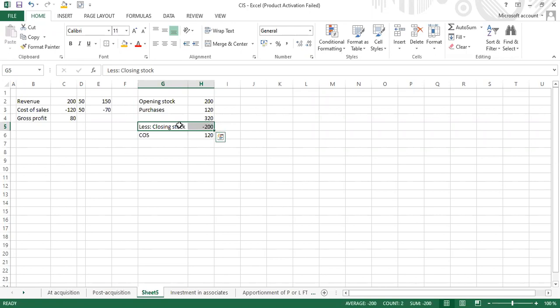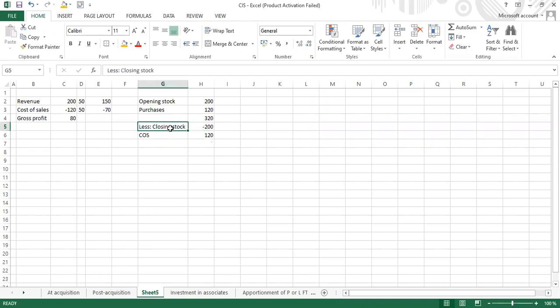Until you sell it to an external person, the group will not earn it. The fact that it's still in your closing inventory means that profit is still within the group. So inside your closing inventory as a buyer, there's a profit element, which is not only violating the IAS 2 requirement for measurement of inventory, it's also violating the fact that the higher your closing inventory, the lower your cost of sales, and automatically the higher your profit.